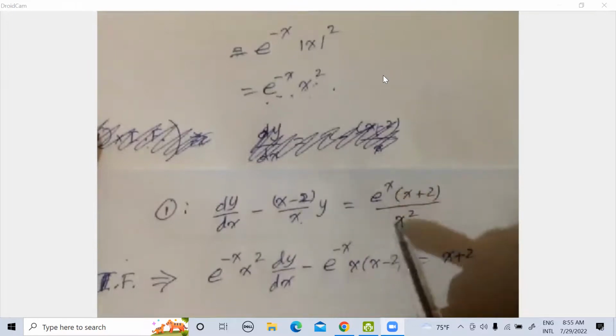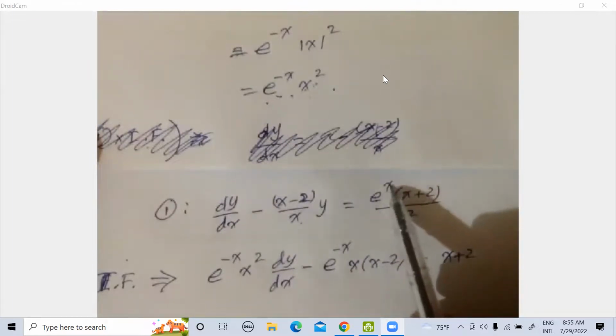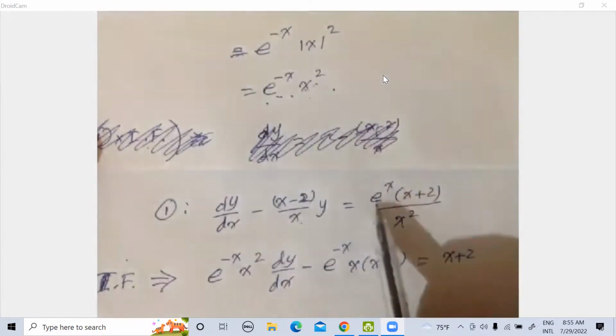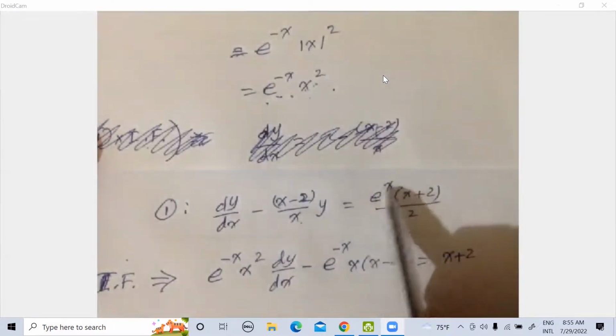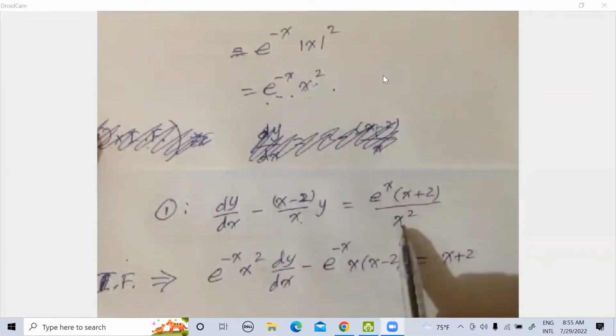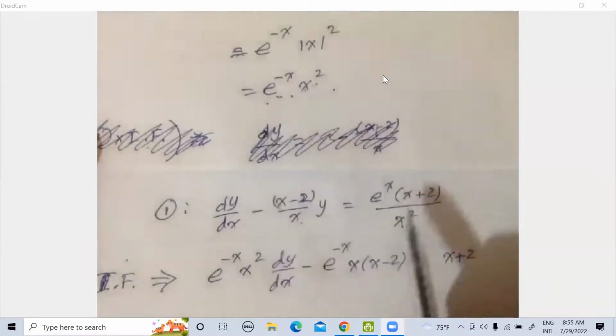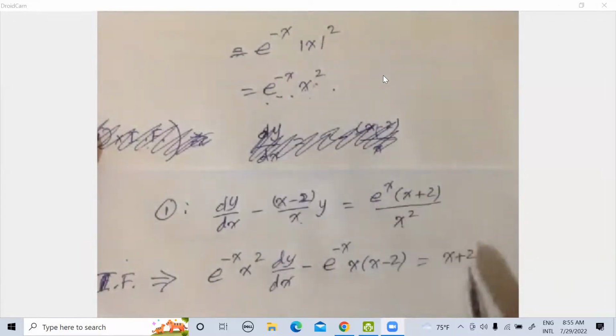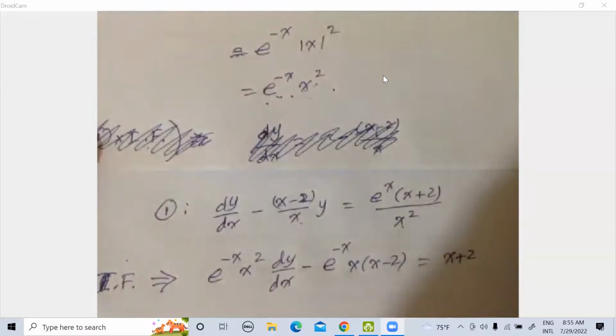Look, here also you have e to the x, x to the minus 2. When you multiply this by e to the minus x, e to the x times e to the minus x is 1. X squared divided by x squared, those two also cancel. Therefore, what is left is x plus 2.